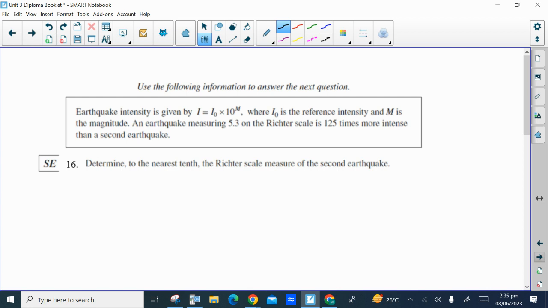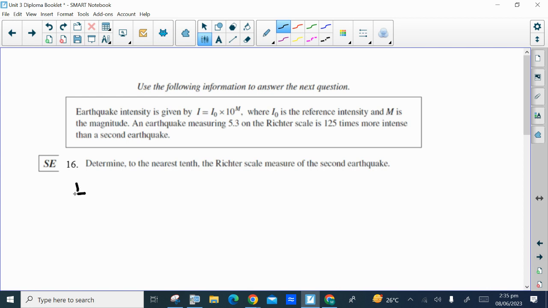All right, earthquake intensity is given by that formula, where I sub 0 is the reference intensity, m is the magnitude. An earthquake measuring 5.3 on the Richter scale is 125 times more intense than a second earthquake. Determine to the nearest tenth the Richter scale measure of that second earthquake.